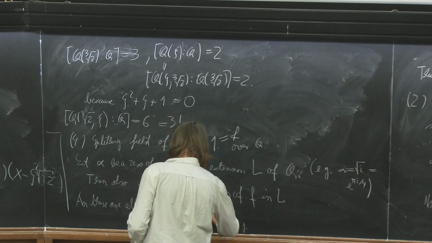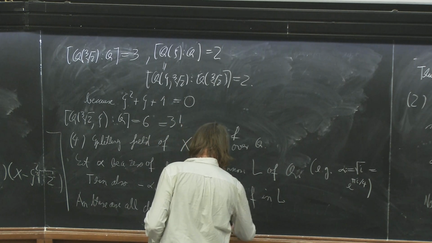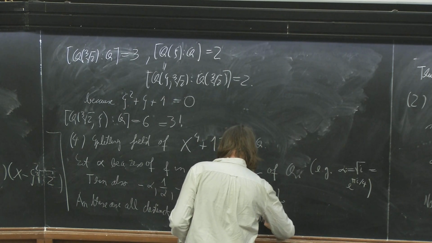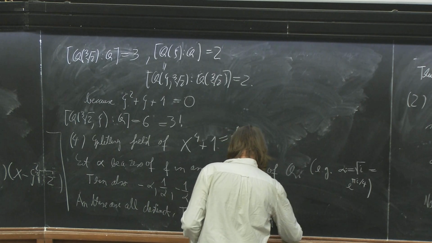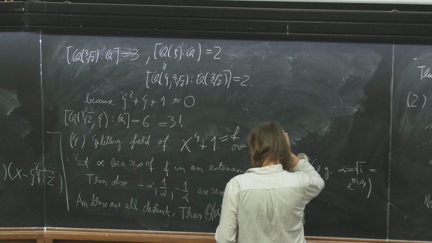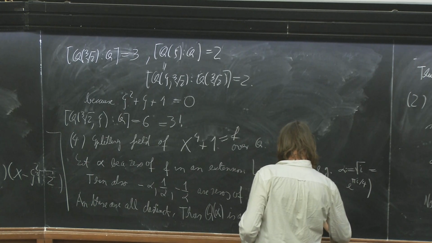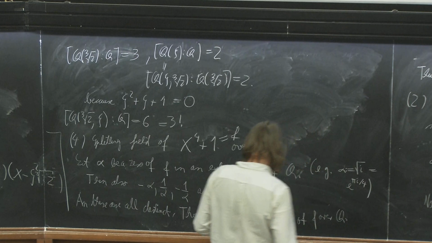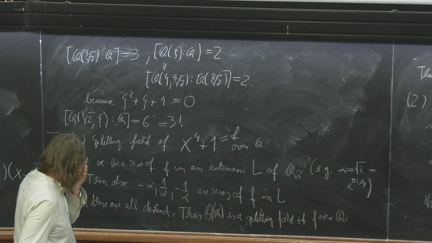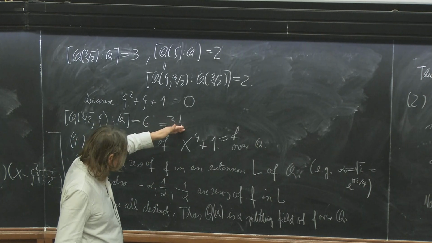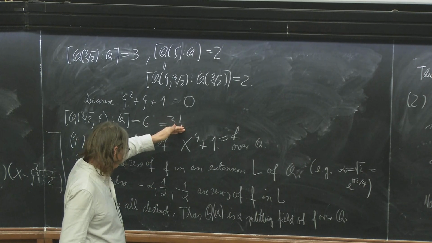So thus, we get that Q adjoined alpha is a splitting field of f over Q, and so I didn't prove it, but this x to the 4 plus 1 is irreducible.